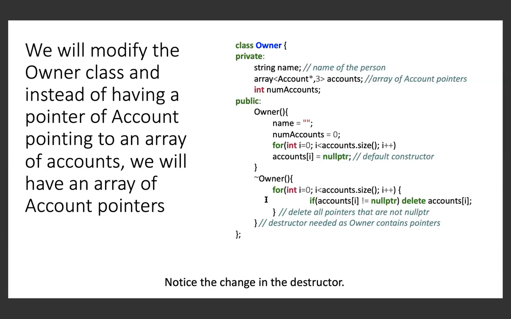So inside the destructor, we're also going through all the pointers we have. For every one we check: if the pointer is not equal to nullptr, then we delete it. If our pointer is equal to nullptr, as we initialized it at first, we will not be calling delete on it.